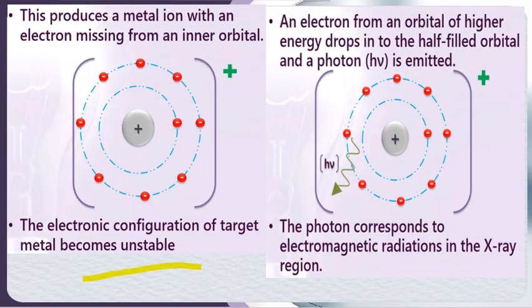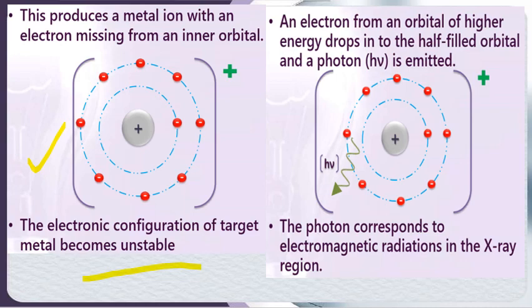Now you can see the two arrangements here. In the first arrangement, after the removal of the electron from this metal atom, the configuration has become destabilized, or unstable, as one of its inner electrons is gone.